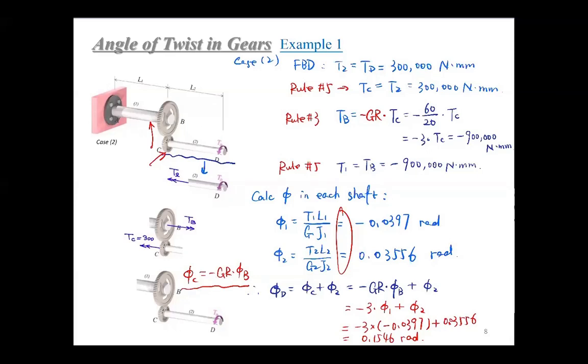So this is example 1. You can see that it looks very complicated, with multiple steps. But if you understand the golden rule, always keep in mind that when two gears are connected directly, the larger gear always has larger torque, smaller phi, and smaller omega, and the smaller one will always have smaller torque, larger phi, and larger omega.